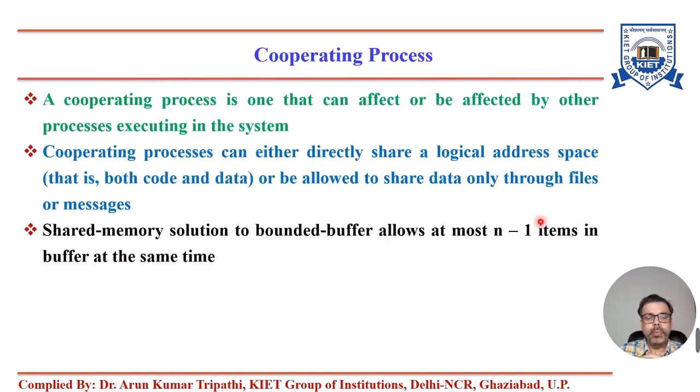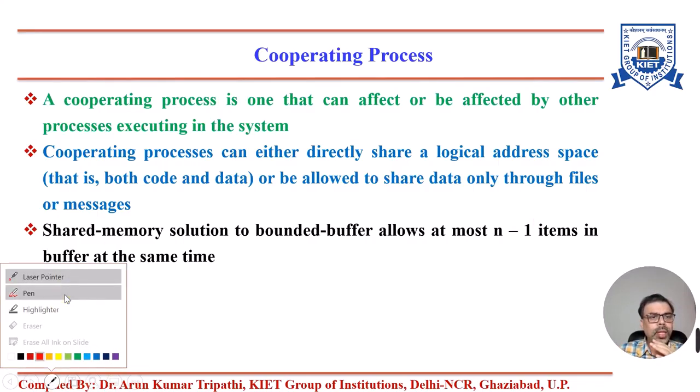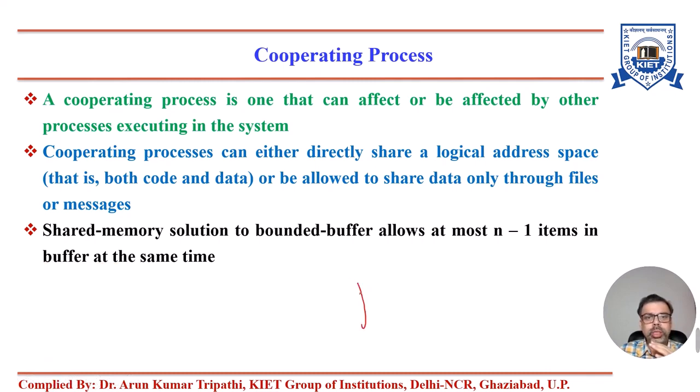Now, cooperating processes are those that are affected by or affect some other process. Cooperating processes basically share the logical address space. Logical address space means memory space. This is the OS, and there is some space that will be shared by more than one process.